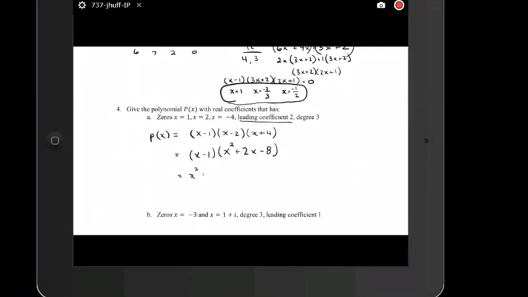We're going to have x cubed plus 2x squared minus 8x minus x squared minus 2x, just using the distributive property there to distribute the x and then distribute the negative 1. So combining like terms.